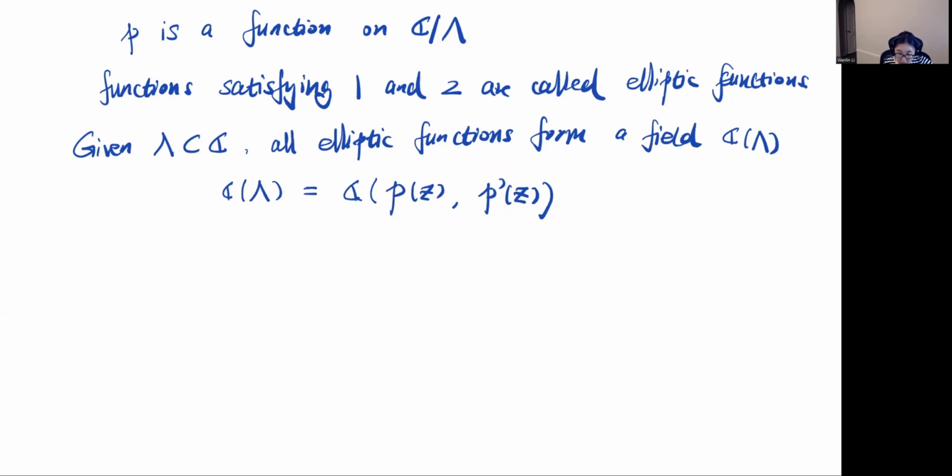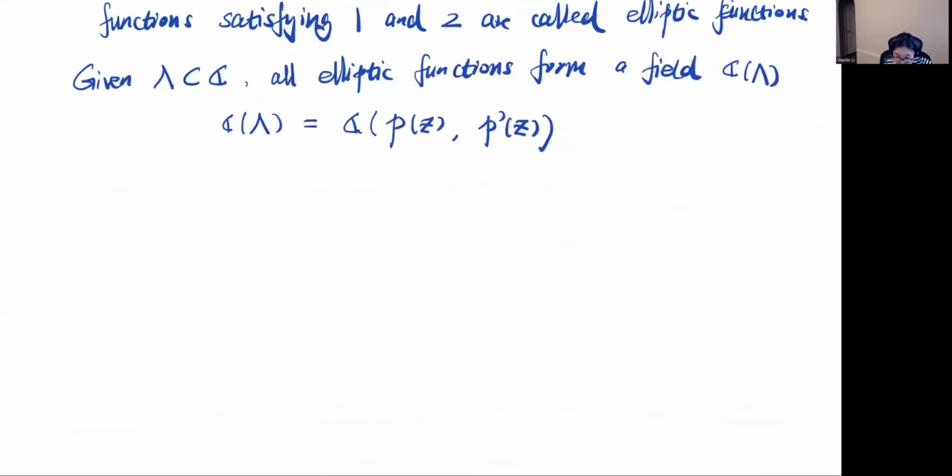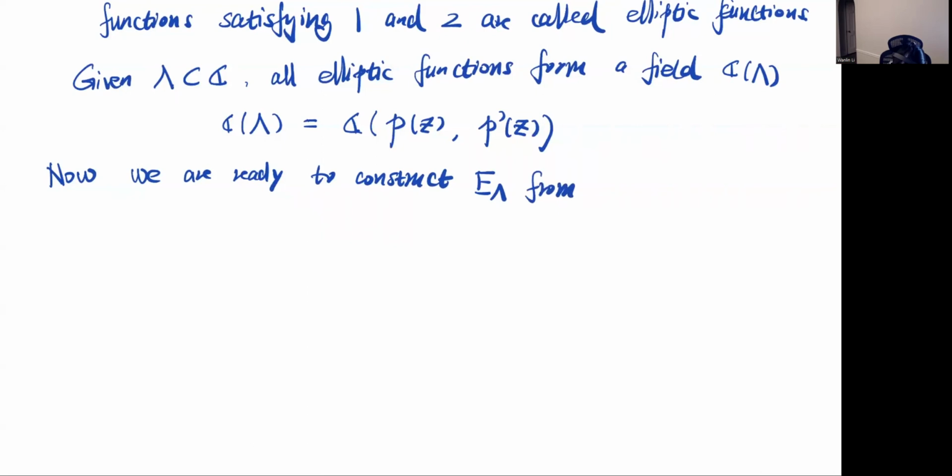Great. So now we are ready to construct an elliptic curve E lambda from a lattice lambda, such that C mod lambda can be identified to the set of C points of this E lambda.